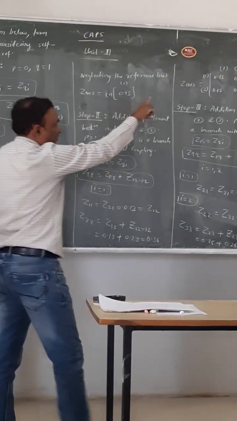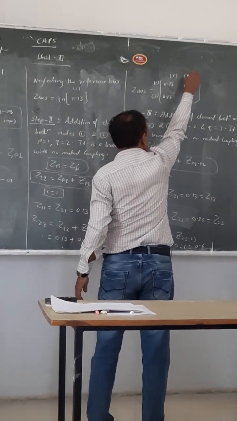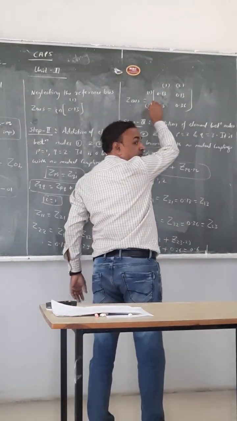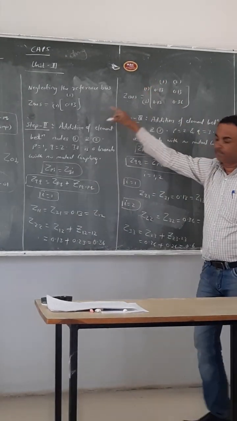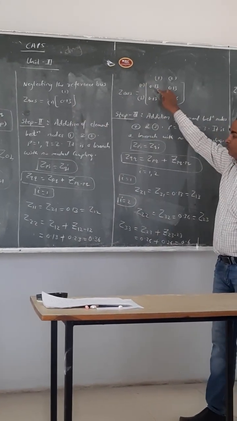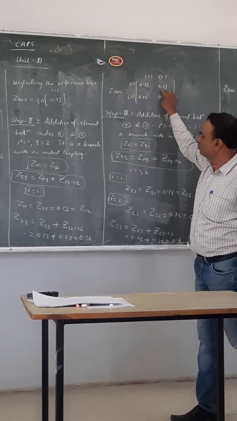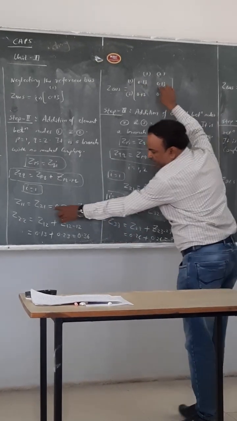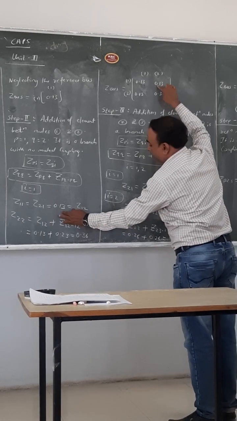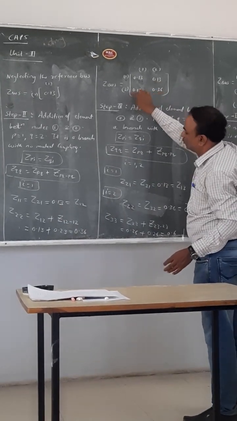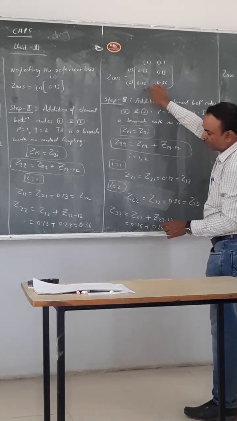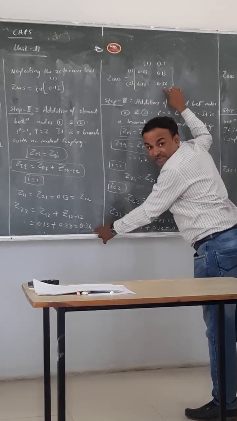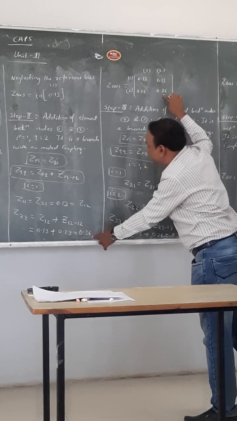So our matrix will now become a 2 by 2. What is the value of Z11? 0.13. What is the value of Z12? 0.13. What is the value of Z21? 0.13. What is the value of Z22? 0.36. Is it clear? Yes.